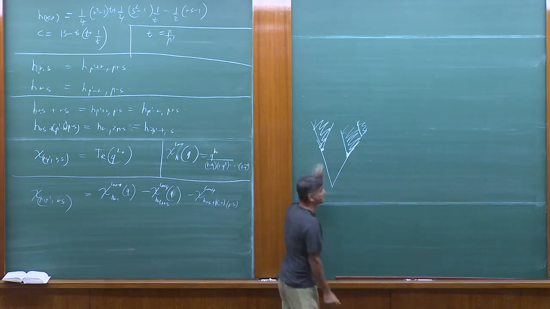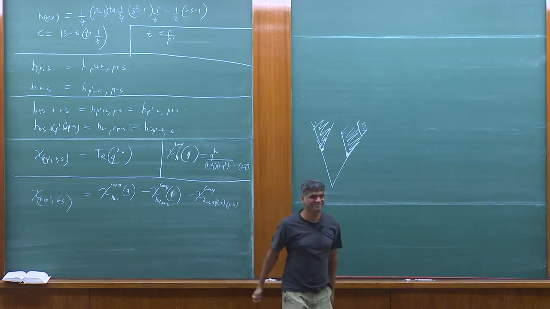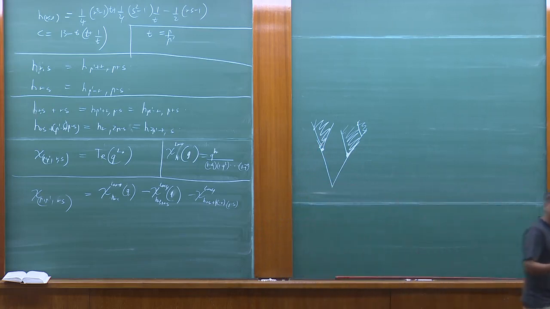But what is the danger? The danger is that these two guys are not non-overlapping. Now, when can two things overlap? You see, suppose you've got a primary and you build states on top of that primary. If you can go back down, you start with the state, you go up. If you can go back down, you'll know which primary you came from. It can't come from 2 primaries.